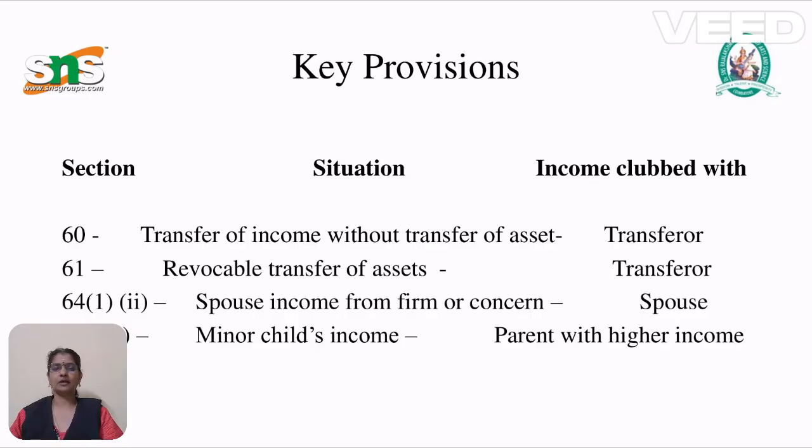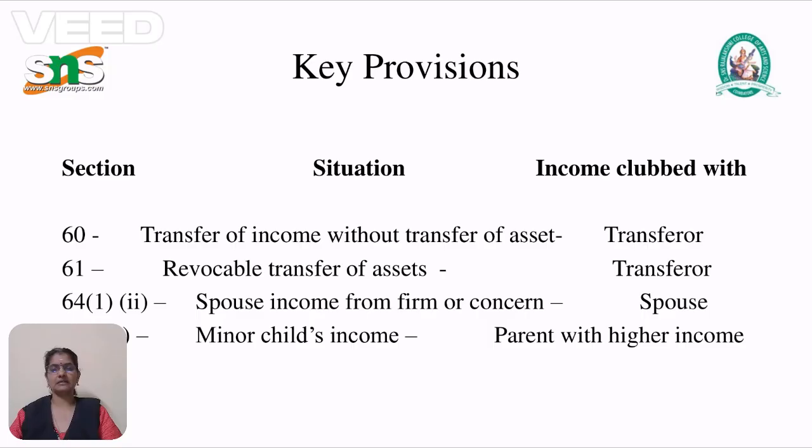Next, what are the key provisions available when we calculate the clubbing of income? Under Sections 60 to 64, there are different categories of provisions.